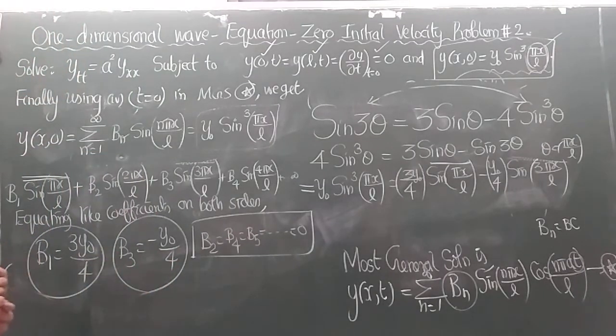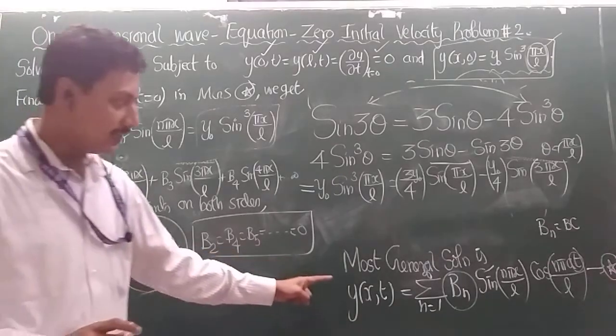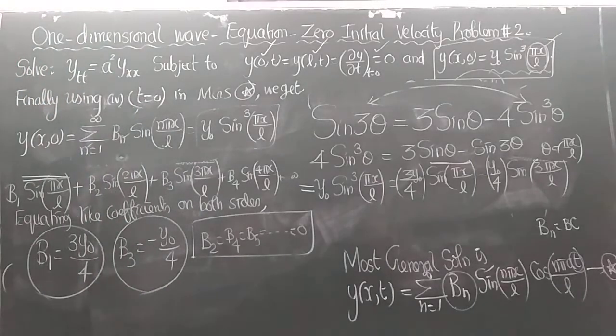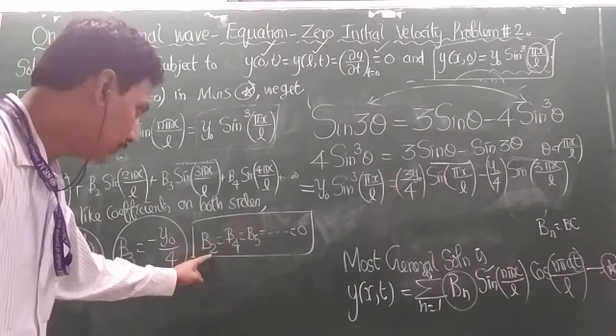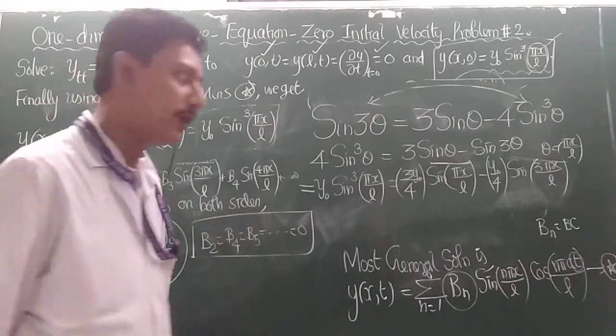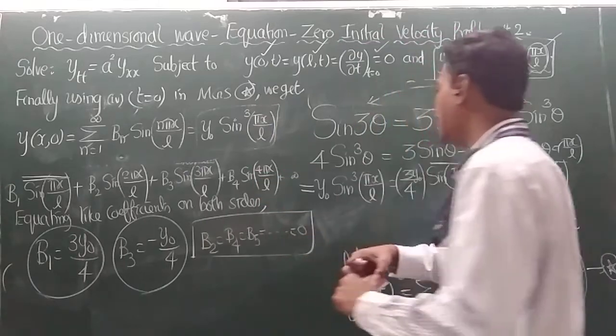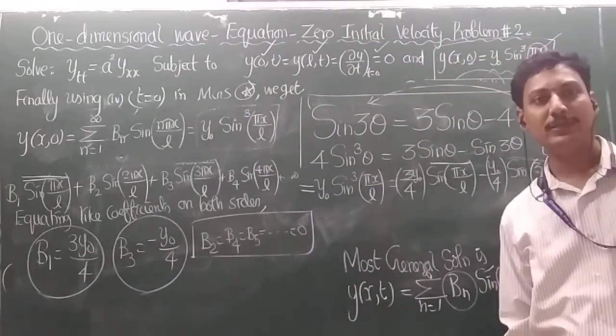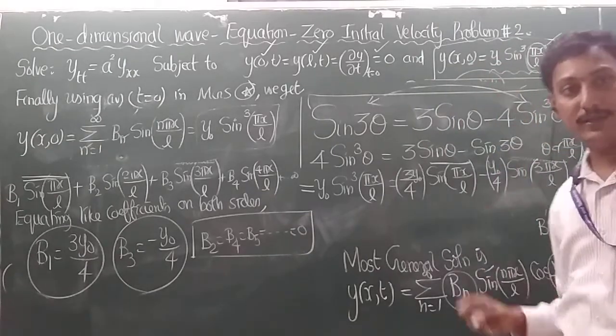Understand? So here I found the b1 value and b3 value. So let us rewrite the most general solution for n equal to 1 and n equal to 3. What about n equal to 2? b2 is 0, n equal to 4, b4 is 0. So everything is 0, so we don't bother about it. So this is the very important concept, using the sine 3 theta expansion for the trigonometric terms.